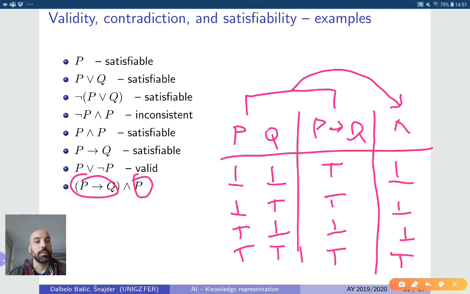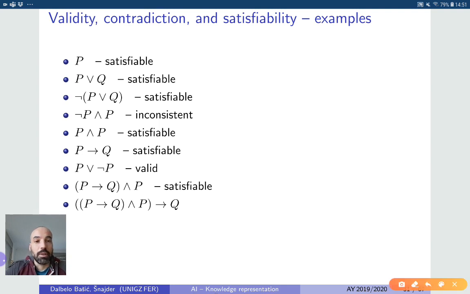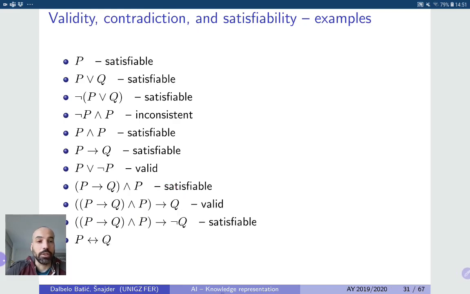So I ended up with a formula which has 1 model out of 4, and therefore the formula is satisfiable. I would do a similar thing with this formula, drawing a truth table, and it would turn out to be a valid formula, and also for the rest as well.